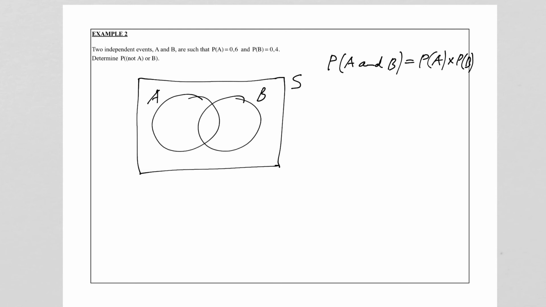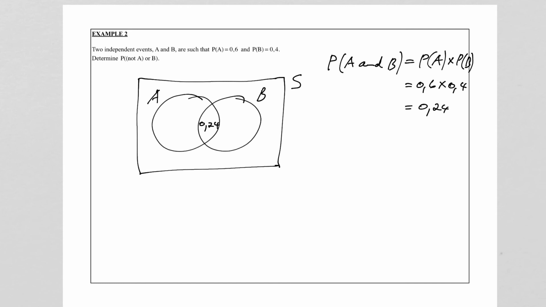So let us just substitute now the probability of A, which is 0.6. We multiply the probability of B, 0.4, and that will give you 0.24. And that is the AND. So this 0.24, that is the AND that goes right there. So let's put it on our diagram, 0.24.